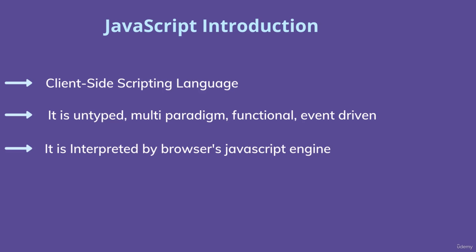So that JavaScript engine is actually able to execute the code which is written in JavaScript. And make sure while doing this, your JavaScript must be enabled for that particular browser. Only then will you be able to see the execution of your JavaScript code.